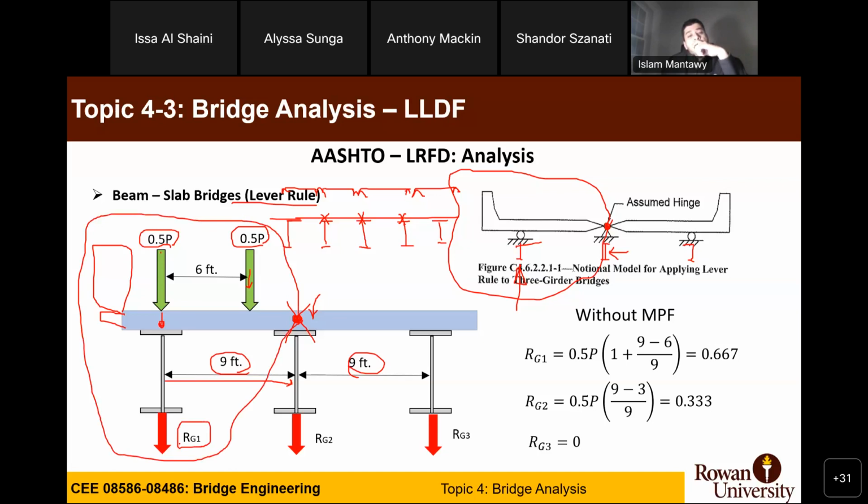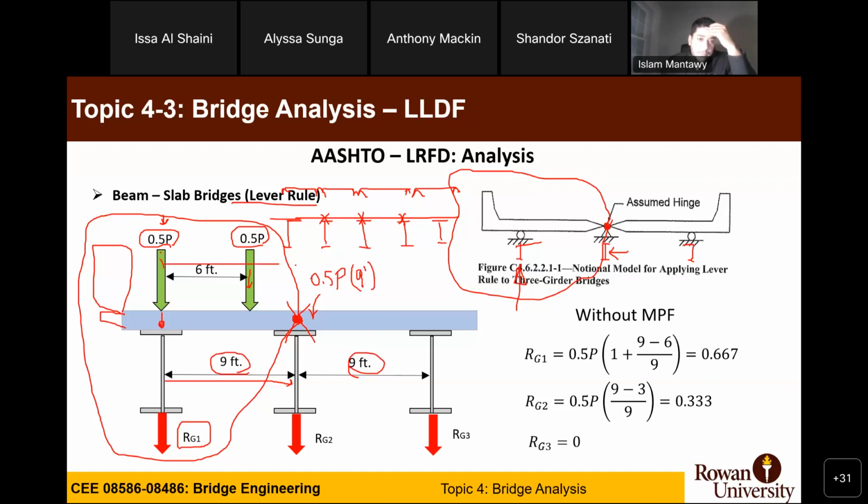Yeah, we can just do a basic statics problem where we take the moment around this hinge, from the interior girder. Can you spell out the equation for me? This wheel load is 0.5 P, correct? Yes, and that would be 9 feet away from that interior girder, this distance here to there.